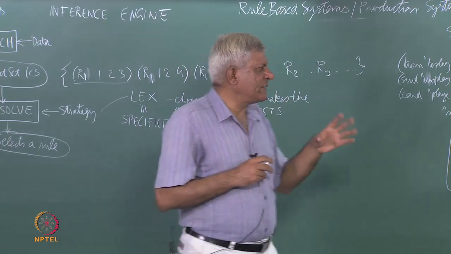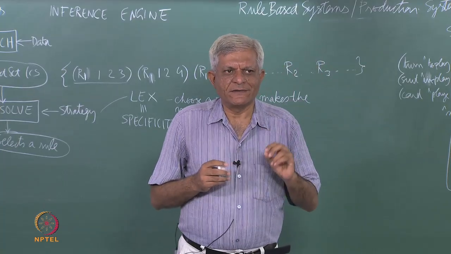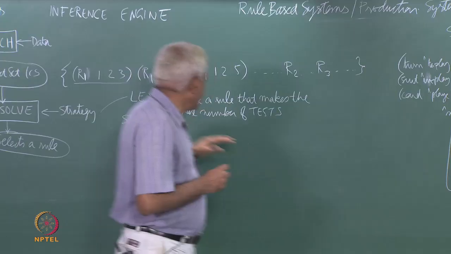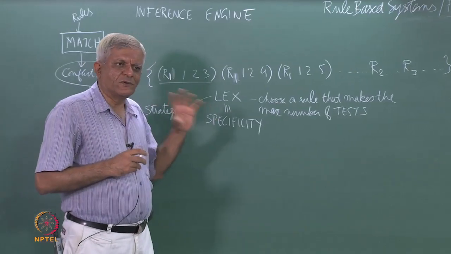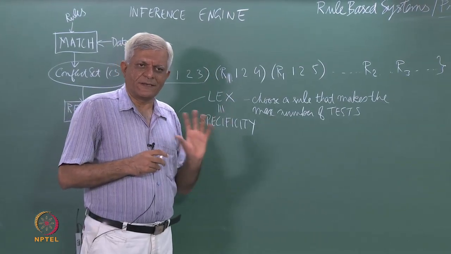So, you can see that the more specific the rule, the greater we would like it to be selected, and specificity says exactly that: choose a rule which is making more number of tests out of the competing set of rules essentially.